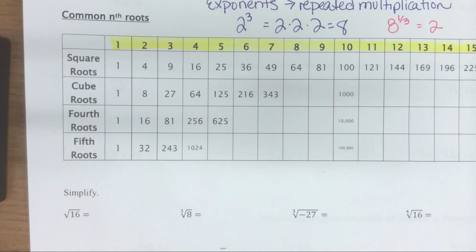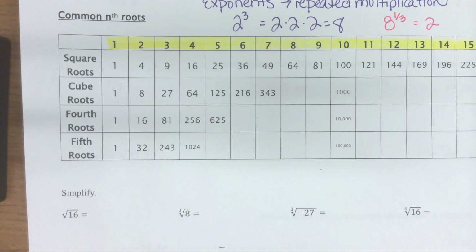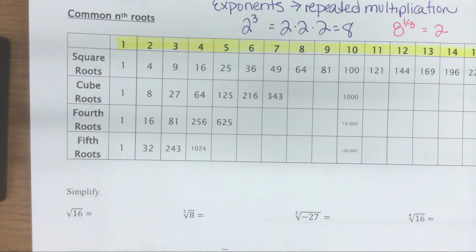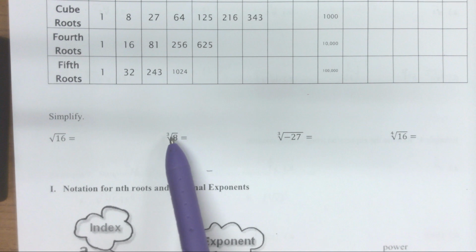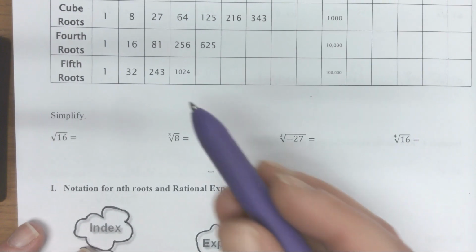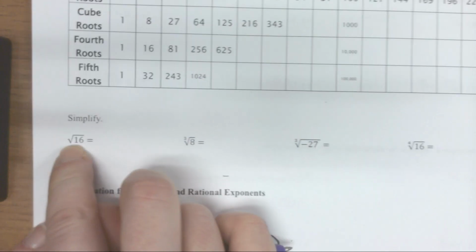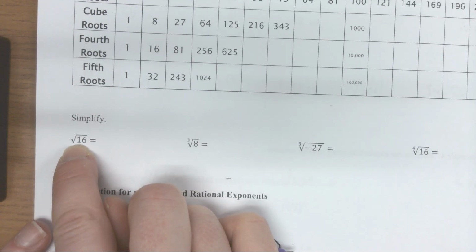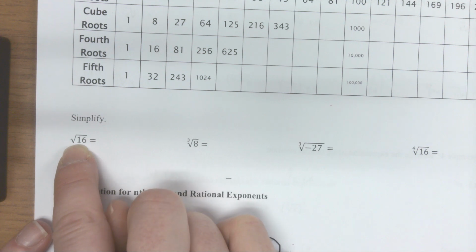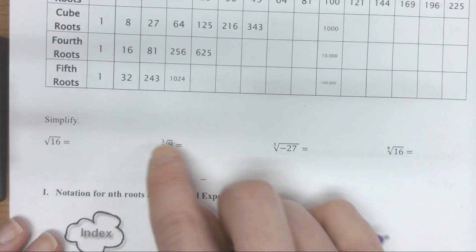All right, what if I see them written with this root symbol? Because the root symbol you've learned is square root, right? Okay. What you might see today, and actually we talked about this in Algebra 1, is if it's written like this one, that is a square root. You can put a little 2 there if you want, but that's the most basic square root. Look at this one.